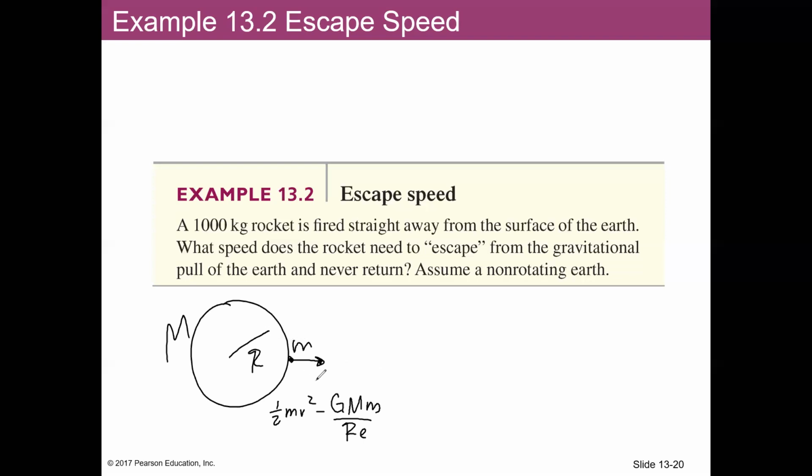Now, what does it mean to escape the gravitational pull of a planet or of a star? We're going to model that as saying that when you're infinitely far away, you're at rest. And so what's the energy at the far end here? Well, if you're infinitely far away, your potential energy is 0. If you're at rest, your kinetic energy is 0.